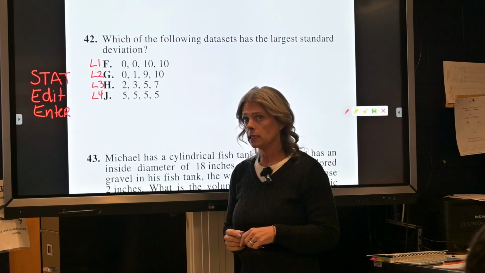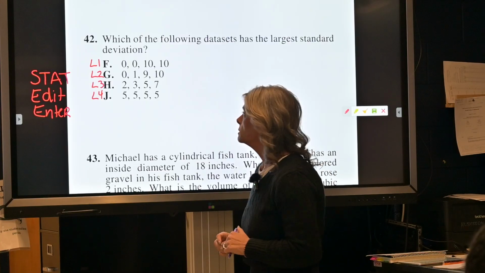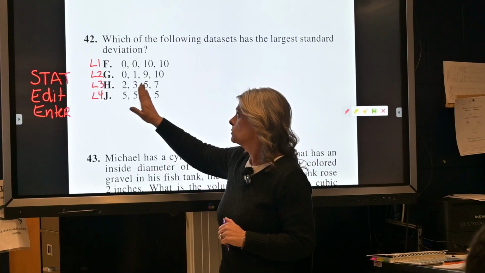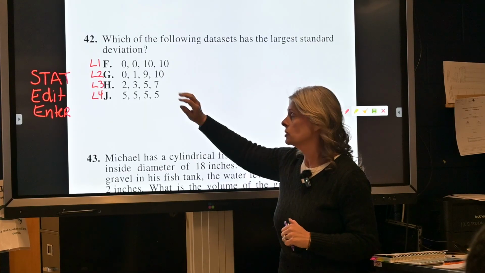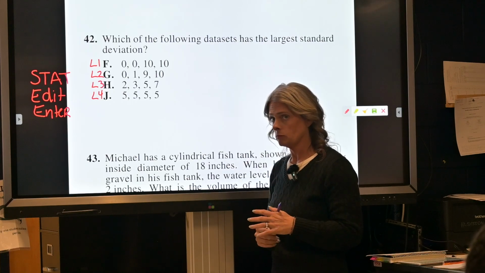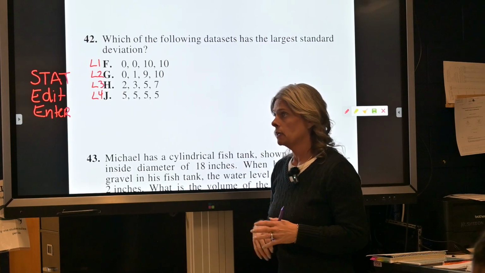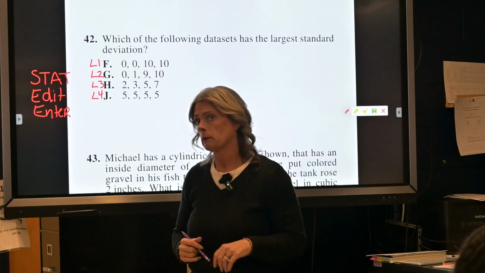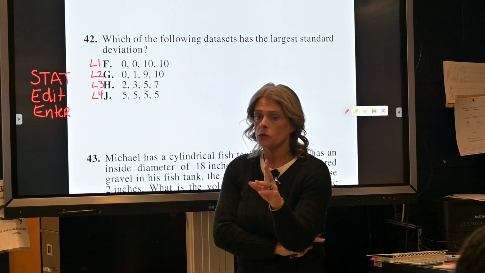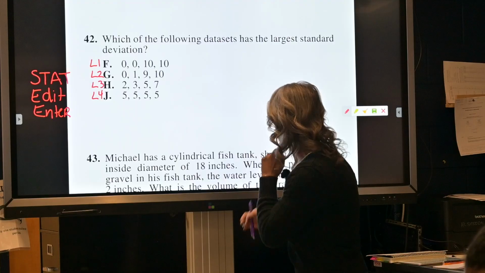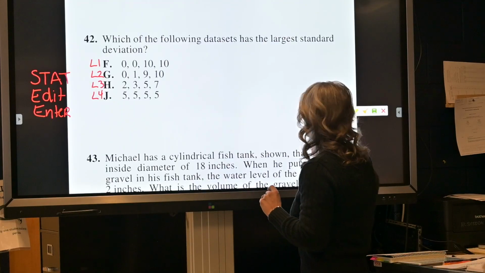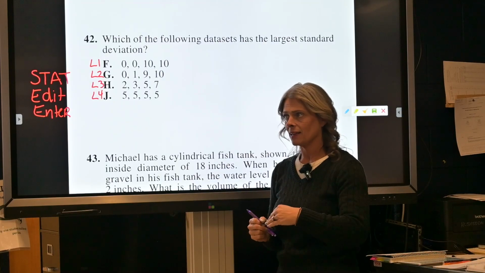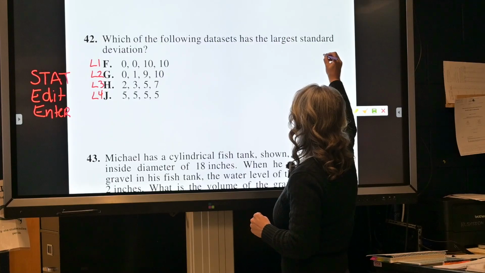Arrow to the right again, and let's edit list 3. 2, enter, 3, enter, 5, enter, 7, enter. Then arrow to the right and do list 4 and put 5, 5, 5, 5. The next step is you have to go back to stat each time.